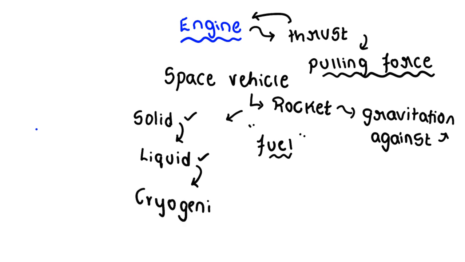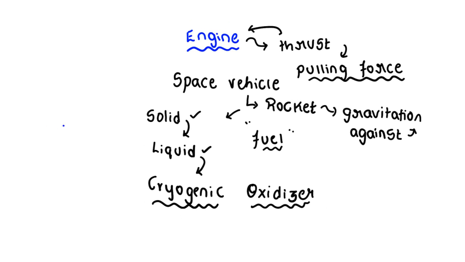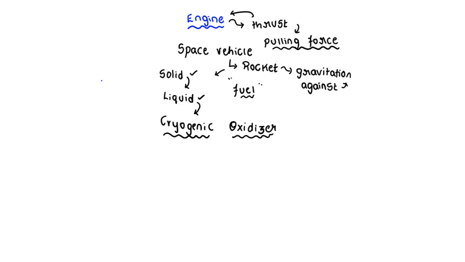An engine which uses the cryogenic fuel or cryogenic oxidizers. It is also called cryogenic oxidizer. So these cryogenic oxidizers actually use liquid helium, oxygen and everything, and you shall be seeing all these things. Clear? Yes, have concentration here.